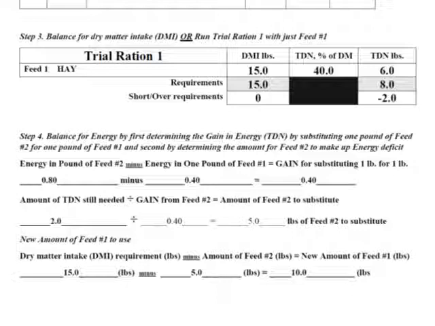So I need to do this substitution enough times to make up that 2 pound deficit. And our answer is I need 5 pounds of feed 2 to be substituted in. So we take our dry matter here, the bottom line, dry matter intake minus 5 pounds of feed 2 to make up the energy difference. That's going to leave me with 10 pounds of hay still in the pile.